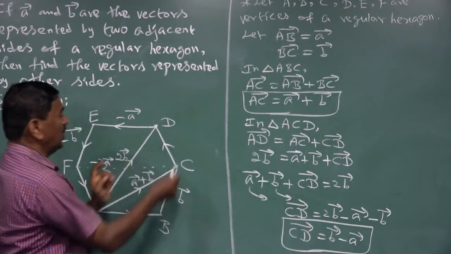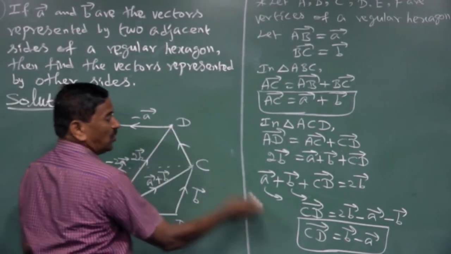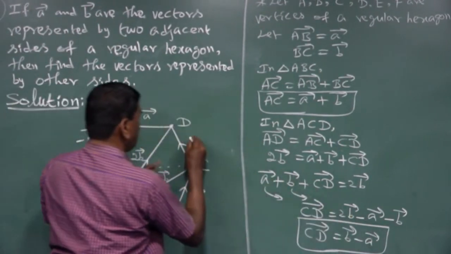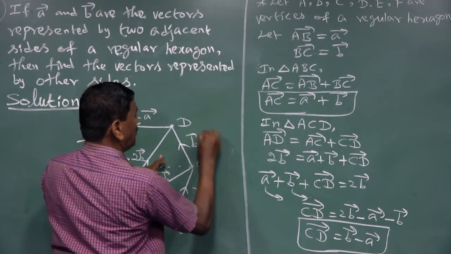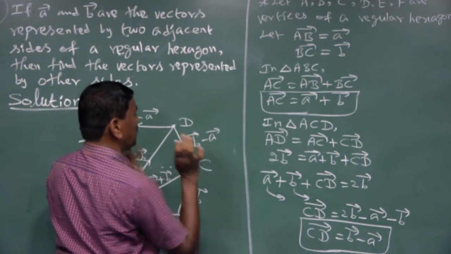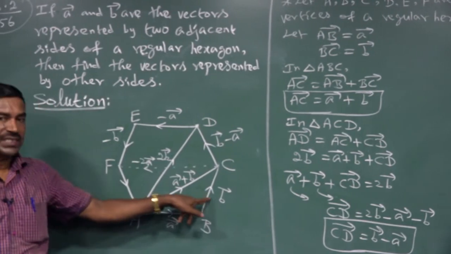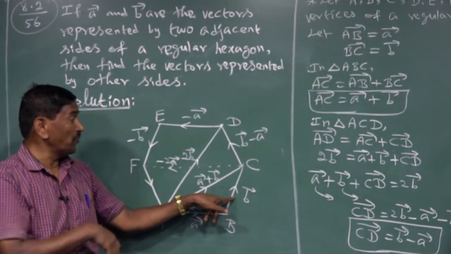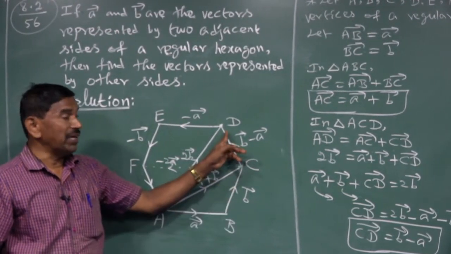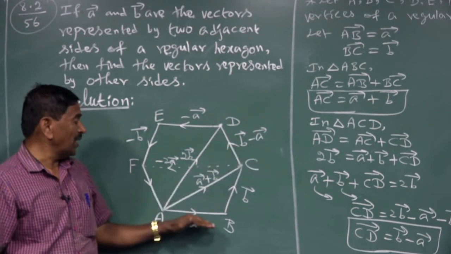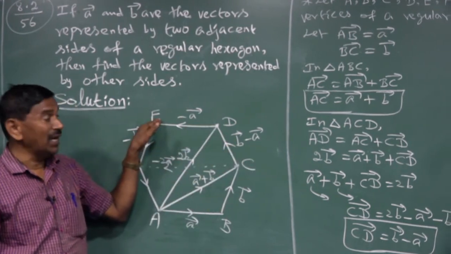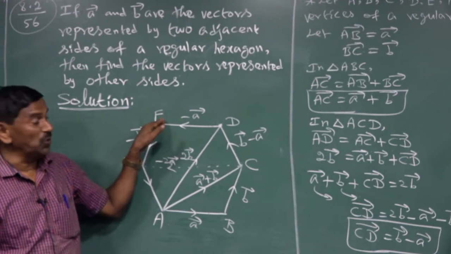Yes, we find out CD vector equal to B vector minus A vector. Okay, listen. Two of the sides are given and the remaining four sides we have to find, in which CD vector equals B minus A. Here AB and DE are parallel but opposite in direction, equal in magnitude.